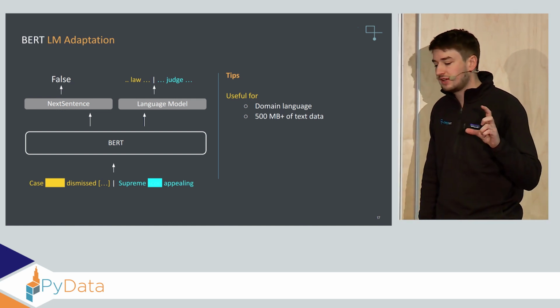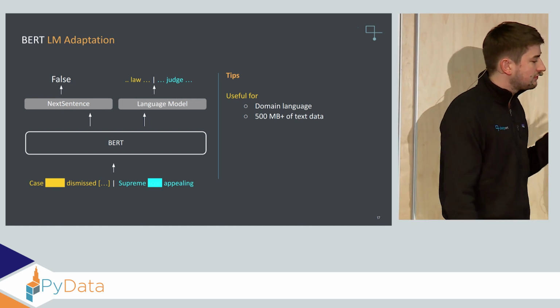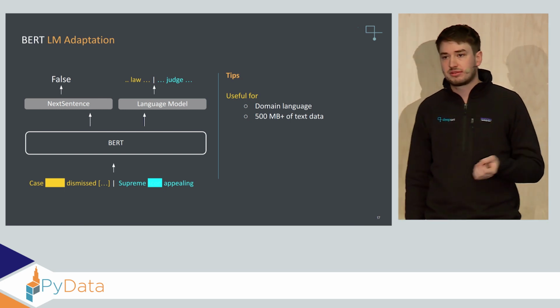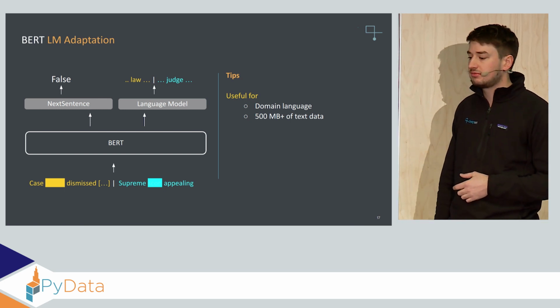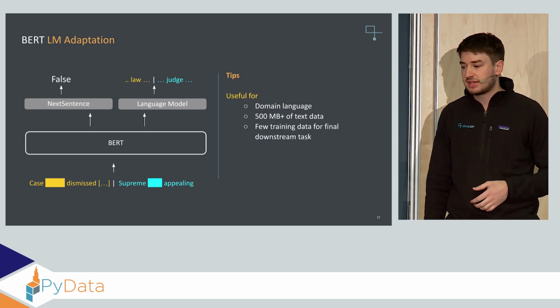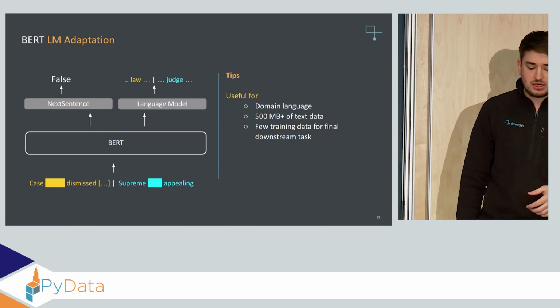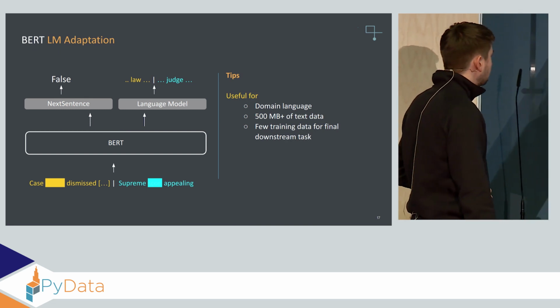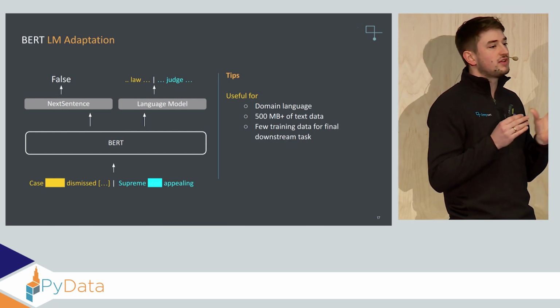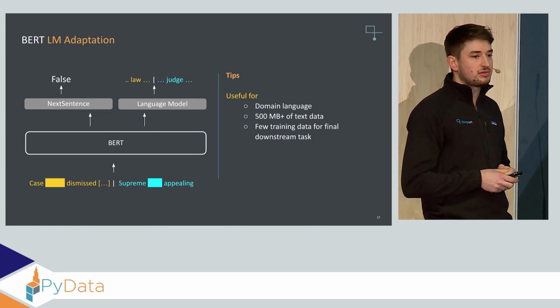And this phase is already helpful if you have roughly about 500 megabytes of text data. I also saw cases with even 200 megabytes where it gave some boost. So yeah, it's worth trying it in most cases. It's also useful if for your final downstream training, you only have very few training samples.